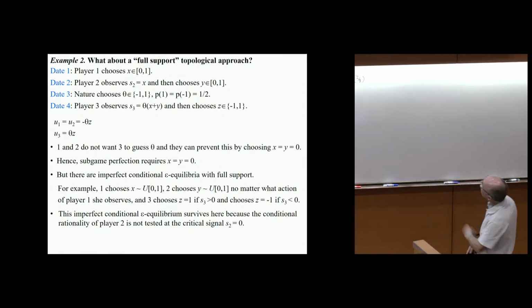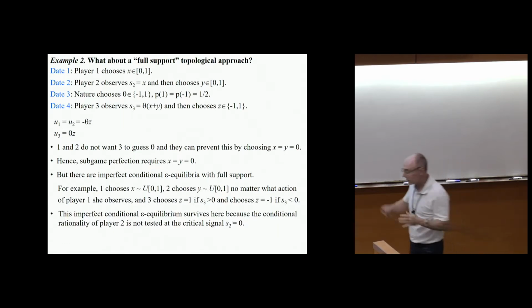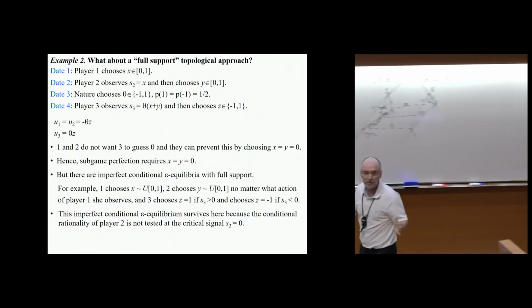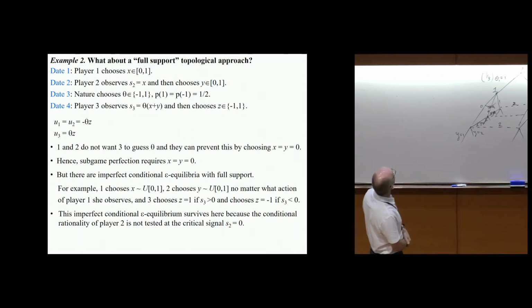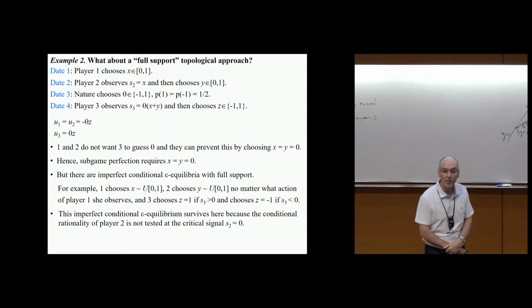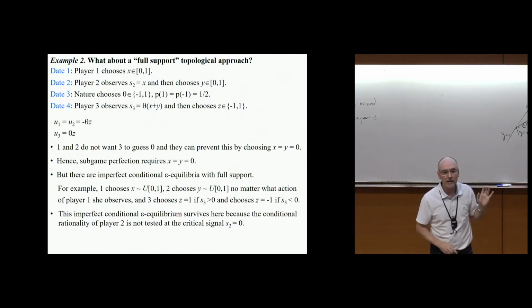We're not testing behavior at the crucial point, which is the signal 0 for you. That's the crucial signal in this game, and it's not an open set. Now, of course, you could say that signal is really important, so we should just define the topology to make that discrete point an open set.